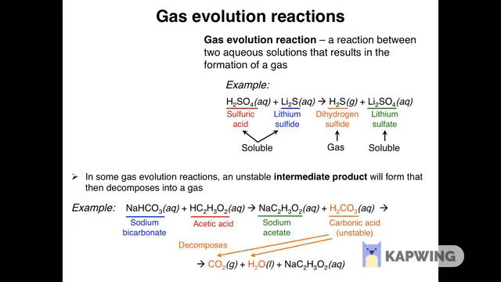It rapidly decomposes, that is, its molecules fall apart, forming carbon dioxide gas, CO2, and liquid water, H2O. The carbon dioxide gas then escapes from the vessel in which the reaction is performed. Because one of the products is a gas, the overall reaction is a gas evolution reaction.